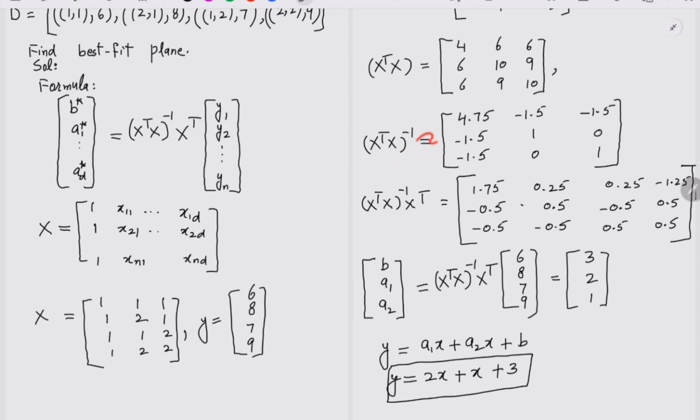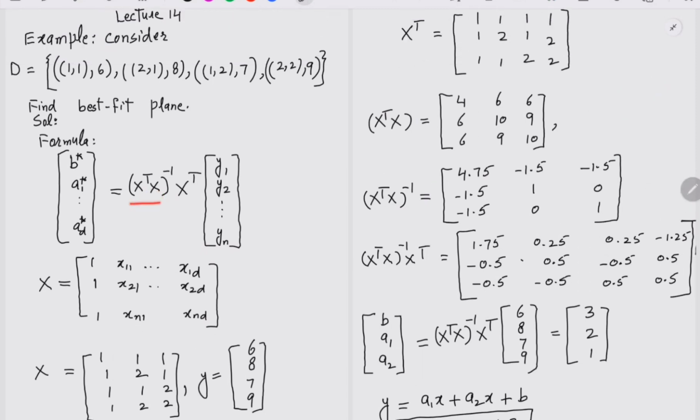(X transpose X) inverse is obtained like this. Then we have to multiply (X transpose X) inverse with X transpose. This is the formula that we used in the previous video.